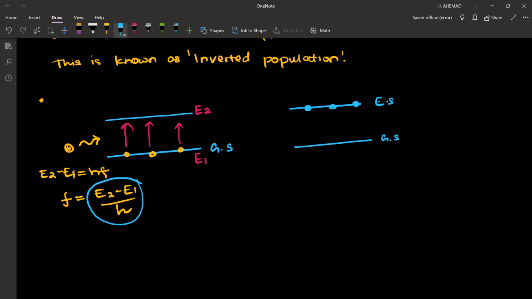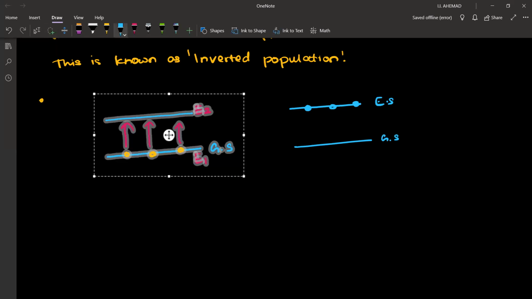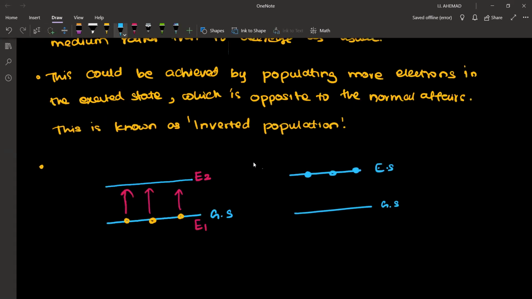Okay. So now we were talking about setting up an inverted population. So what is an inverted population? Usually the electron is in the ground state, but in a laser, we try to keep the electron in the excited state.